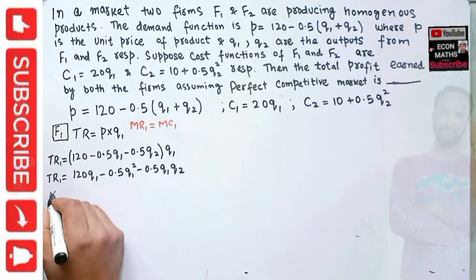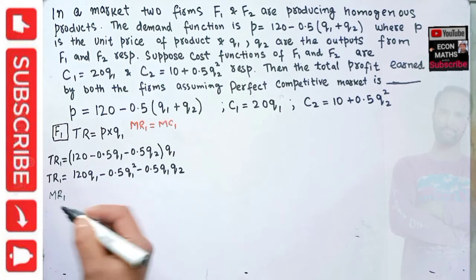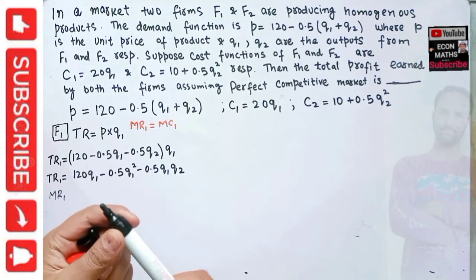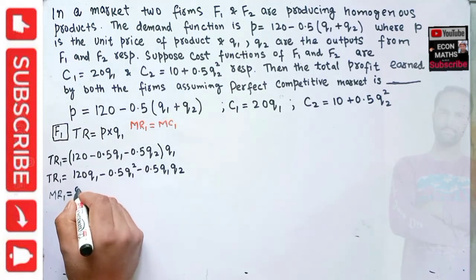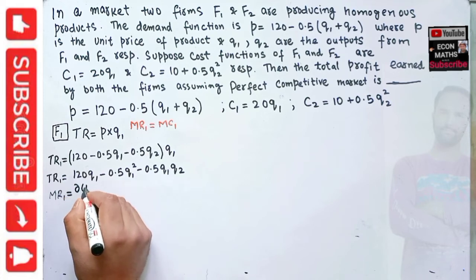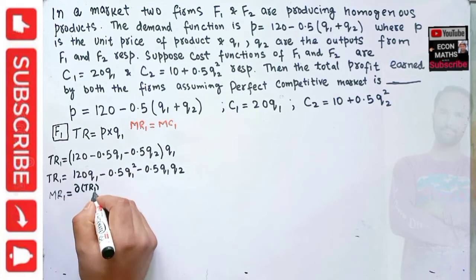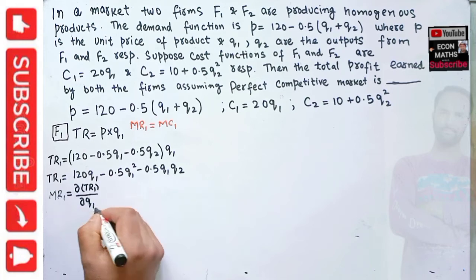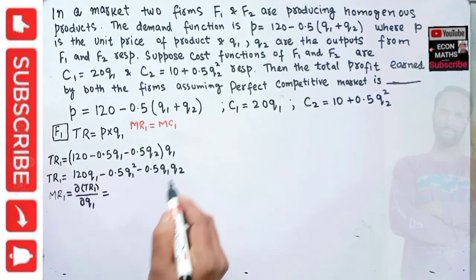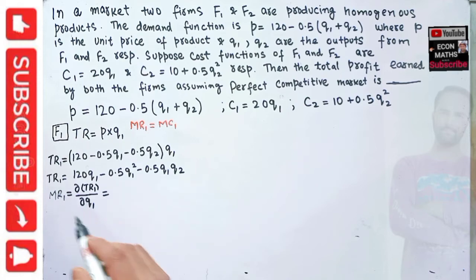Marginal revenue for firm 1 is simply the partial derivative of the total revenue function of firm 1 with respect to Q1.